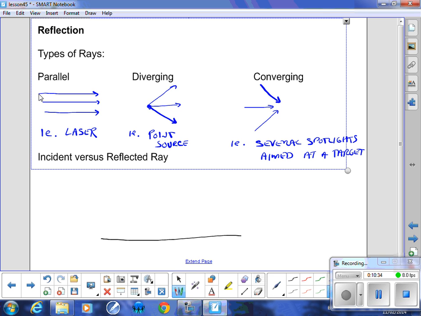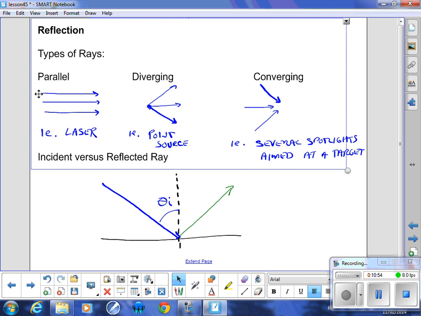That light ray strikes the surface, say a mirror or shiny object, and that angle is measured from the vertical center line. So there is our angle of incidence, and that is our angle of reflection. It's the reflected ray. So that is our incident versus reflected ray.